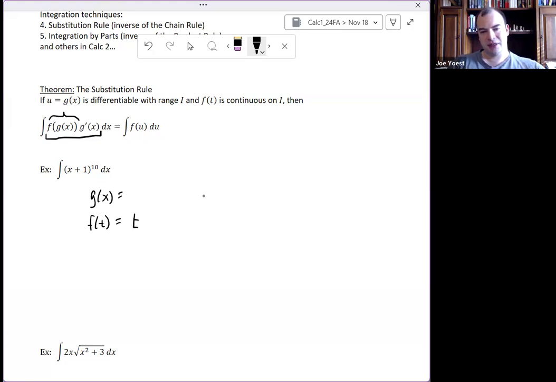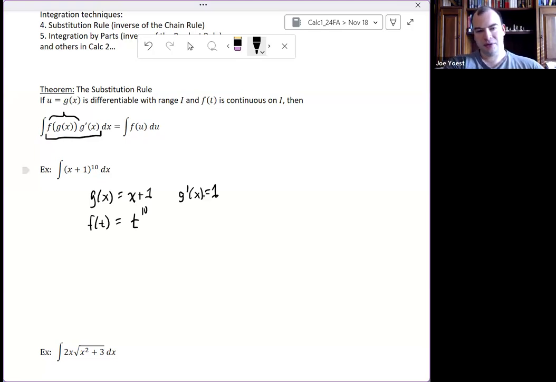So can I make f of t something like t to the 10th? And then what do I need to plug in to get (x plus 1) to the 10th? g of x would be x plus 1. This splits the complexity nicely between g and f. And g prime of x would just be 1.